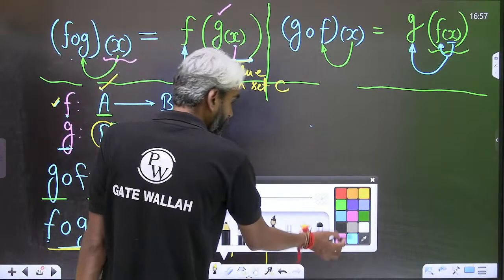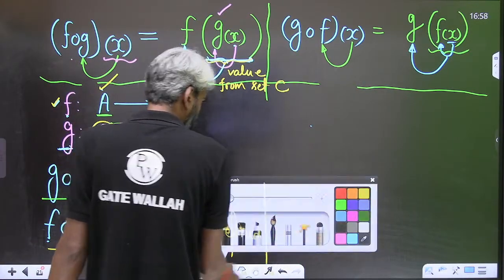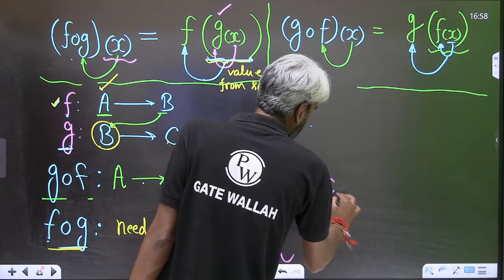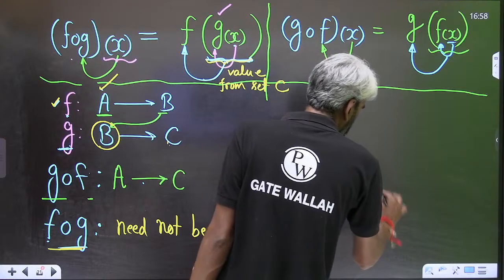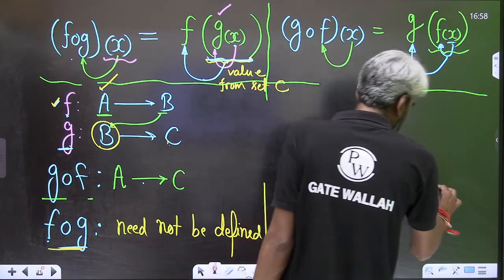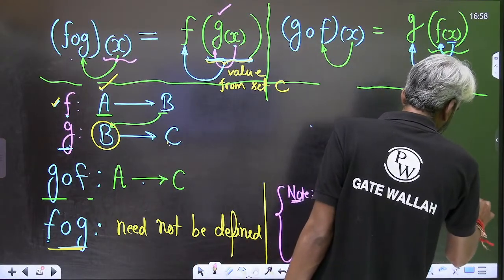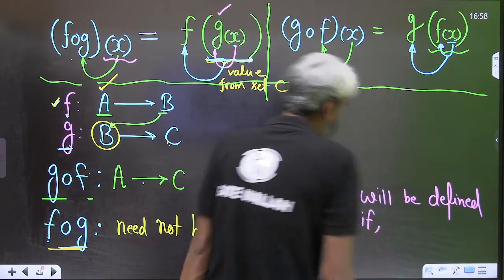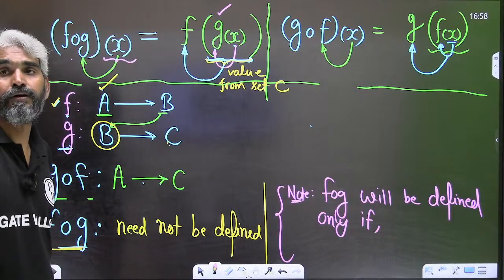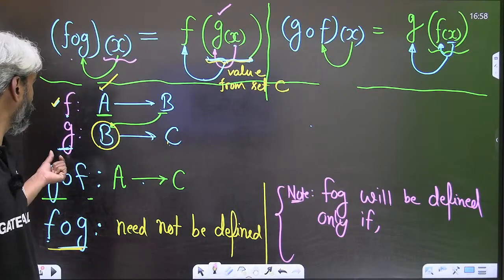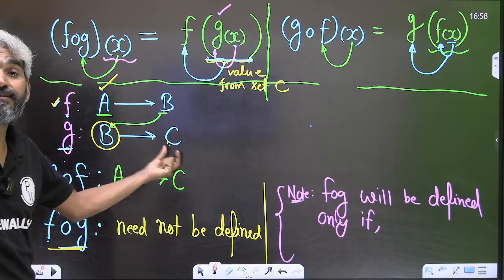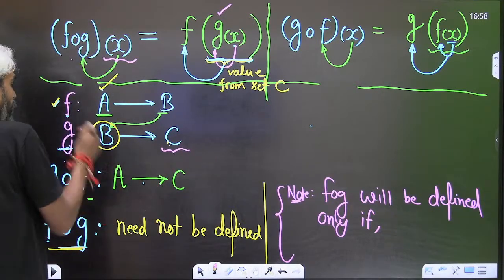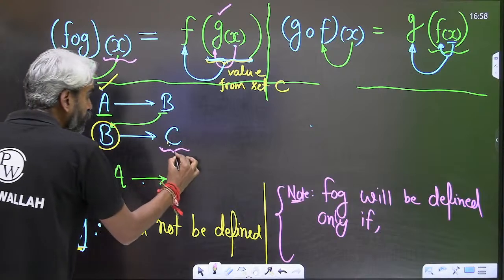Note, f of g will be defined only if the values produced by function g are such that the function f is defined for those values.